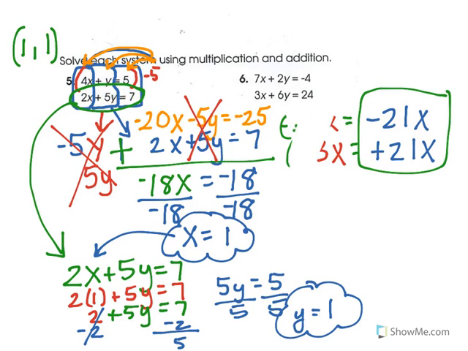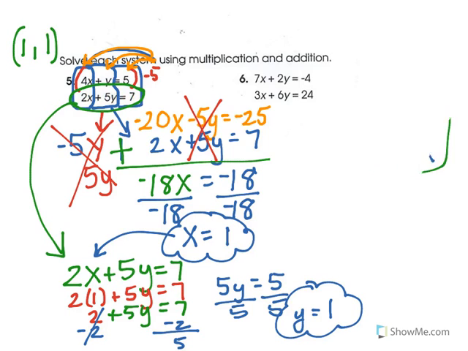If you wanted to cancel out the y column instead of the x column, you could do that. Common multiple for 2 and 6 would just be 6. So as long as you had one as -6y and the other as 6y, you could cancel those out.